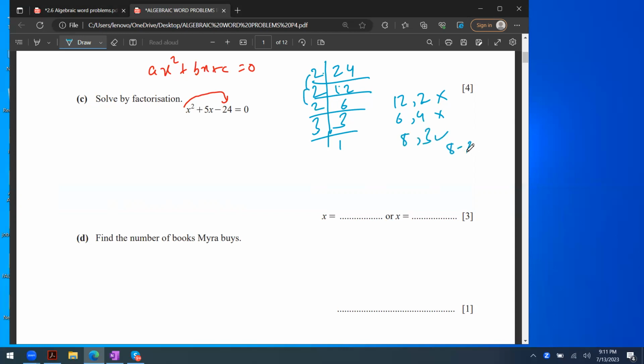Because 8 minus 3 is equal to 5. You can get 5 from 8 and 3. So pick that combination from these factors. Back to the question, x squared, 8 and 3, you pick positive 8x, okay? x needs to be included because we are just breaking the middle term, okay? We are breaking the middle term. That is factorization.